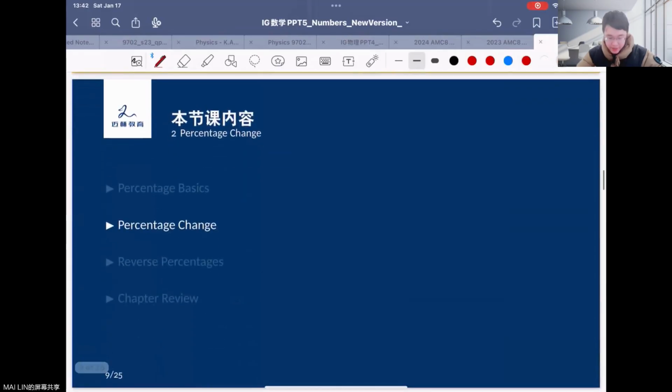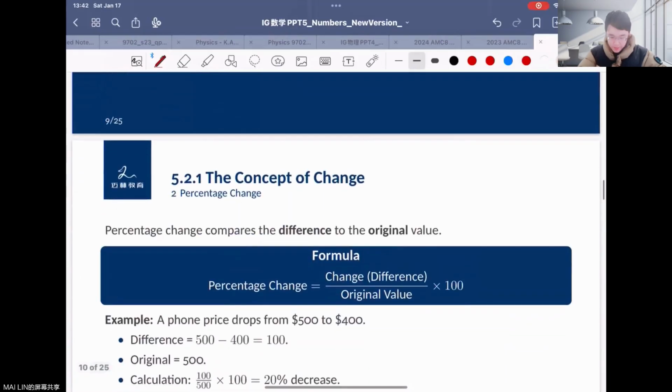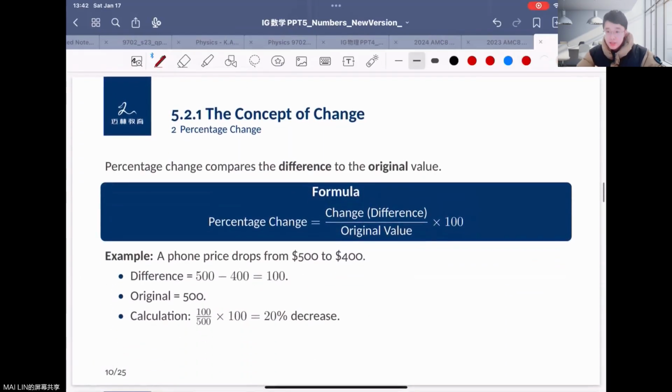And for the second part, we are learning about percentage change. The change means the difference, right? So percentage change means the change or difference over the original value, and then you times 100%. Here is an example: a phone price drops from $500 to $400.